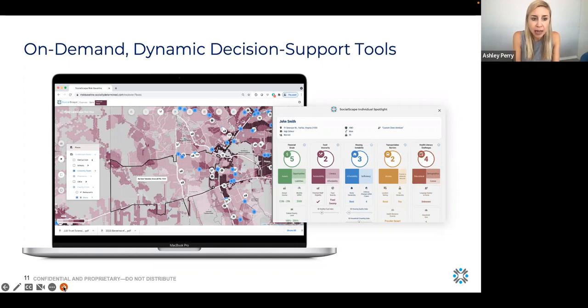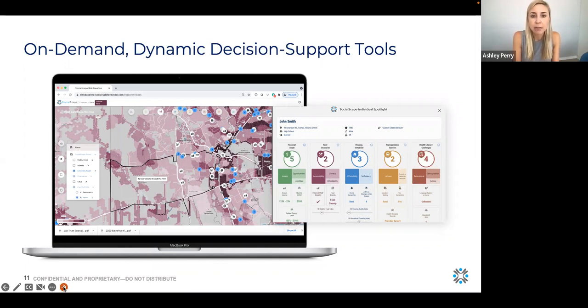And so what you're looking at here is the food landscape distribution, as well as some assets within the community that we've overlaid. We do have the ability to overlay a number of different community assets, as well as your member population within this community risk visualization.